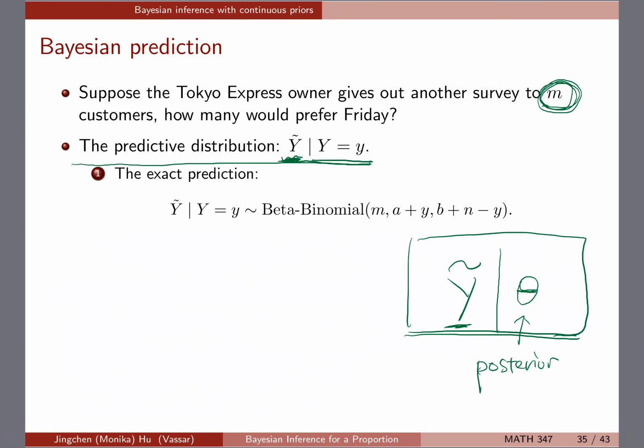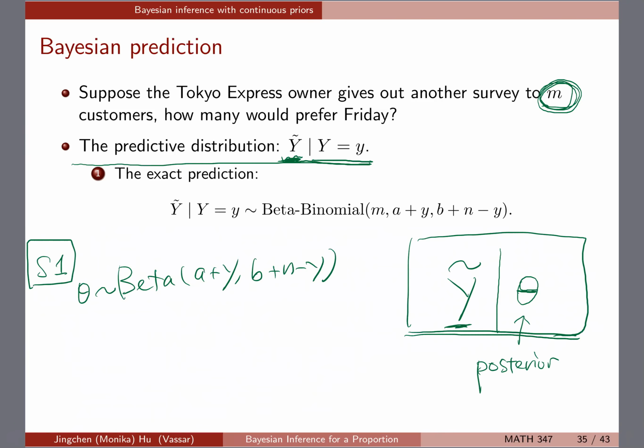Okay? So that's the step, because we already know the posterior distribution of theta. It's a beta with a plus y and b plus m minus y, right? So essentially step 1, you are generating a new theta from here.